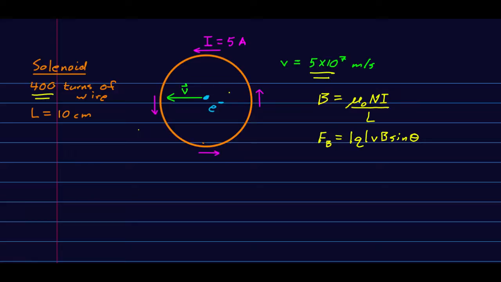So first of all, we should know about the B field inside the solenoid. Let's get the direction first. So the right-hand rule, again, is going to tell you that the B field inside the solenoid is out of the screen. So now we know the direction. Let's get the magnitude. I'm just going to take this and plug the numbers in.